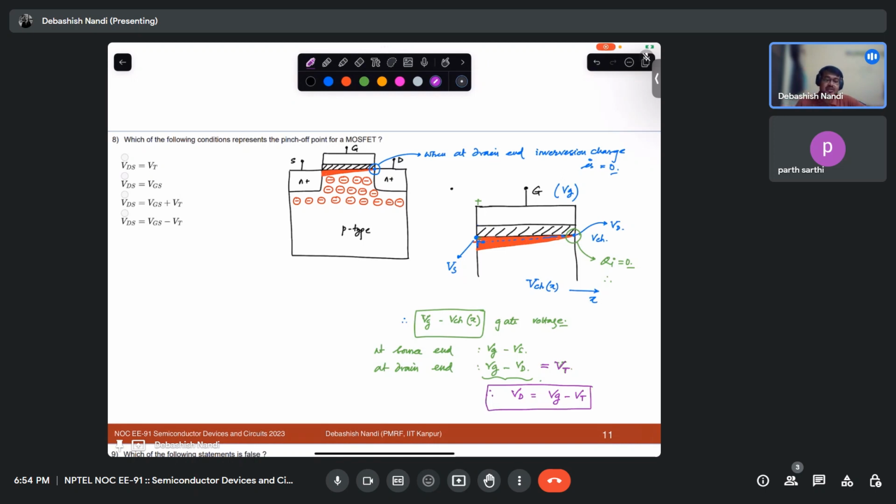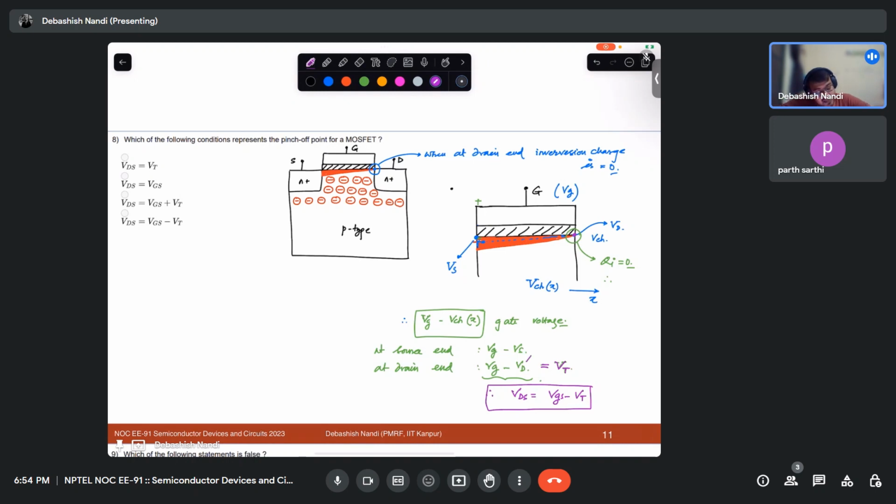Now if you refer everything in terms of the source, you can simply write that. This is actually how it happens: when you increase your drain voltage, this potential starts to increase.